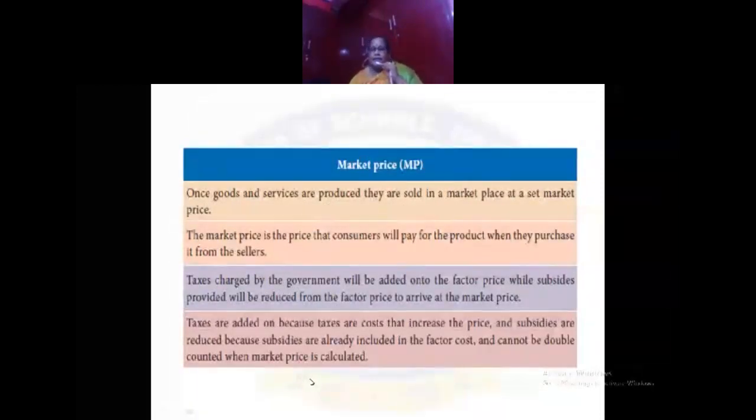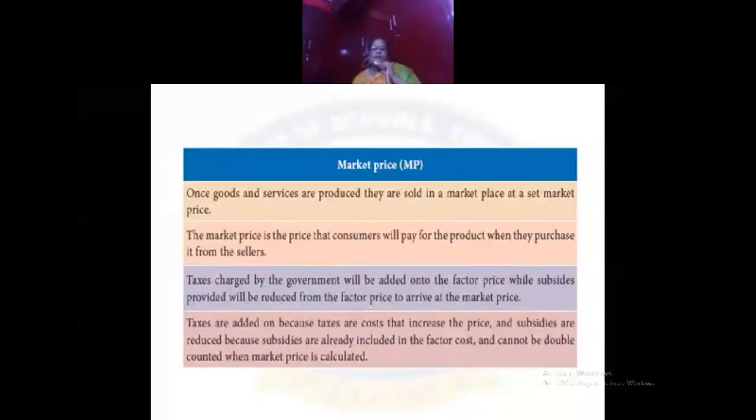Yesterday, we have seen NNP at factor price and NNP at market price. Once the goods and services are produced, they are sold in the market at a set market price.